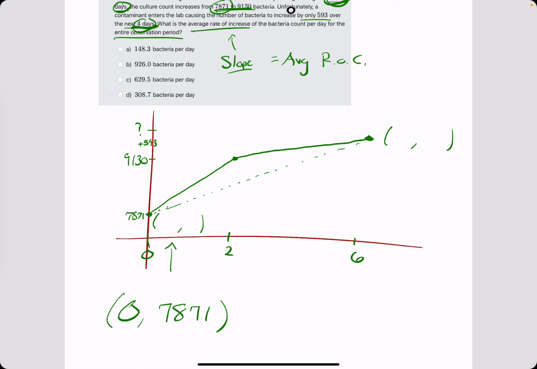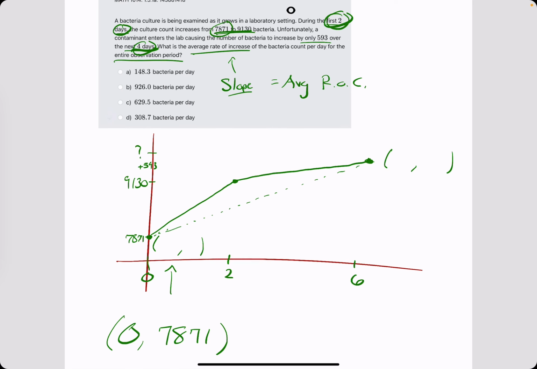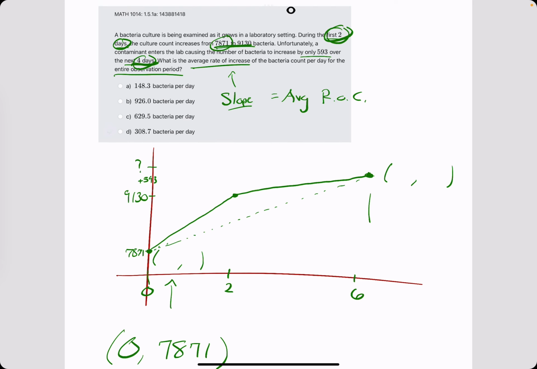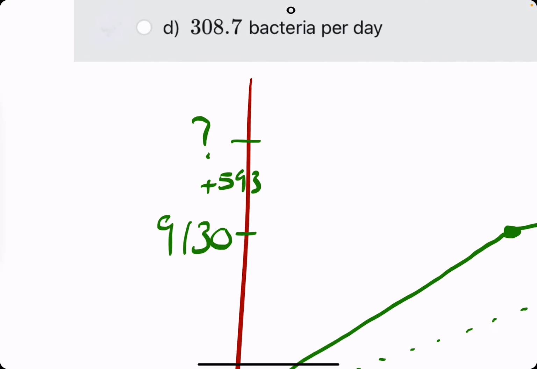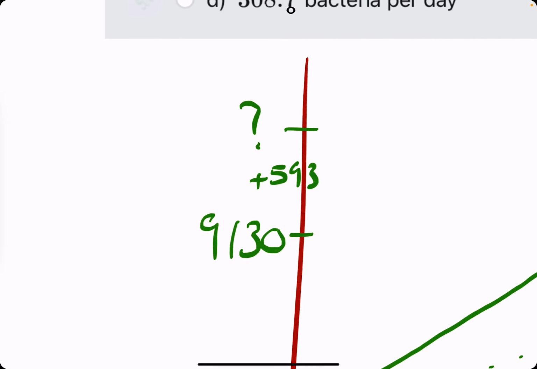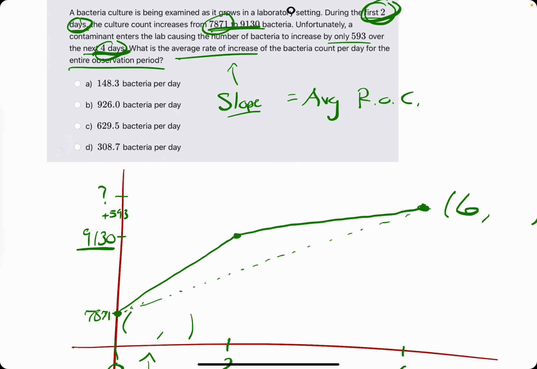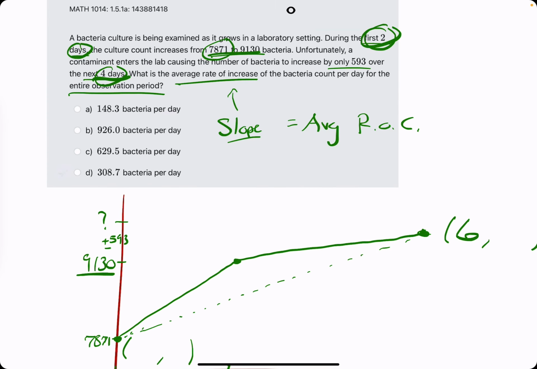And then we want to think about what is the final population or culture count at the very end, at the end of the 6 days, right? We know the time is 6, right? 6 days have passed, but we need to think about the y values. If at the end of 2 days it got up to 9130, and then over the next 4 days we added 593, we just need to add those two values together to get our final culture count at the end of the 6 days.